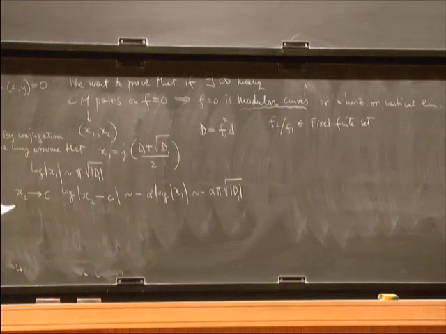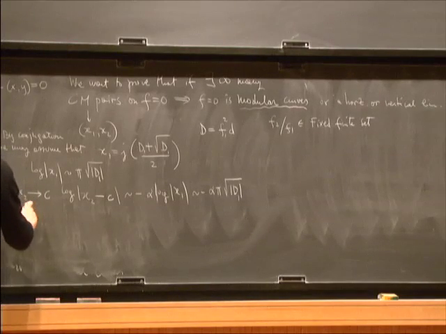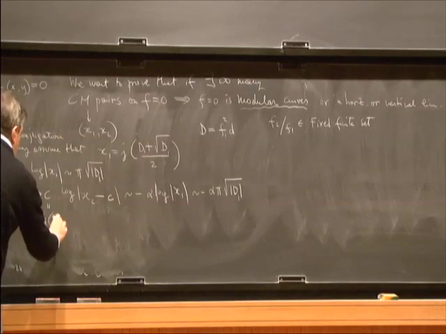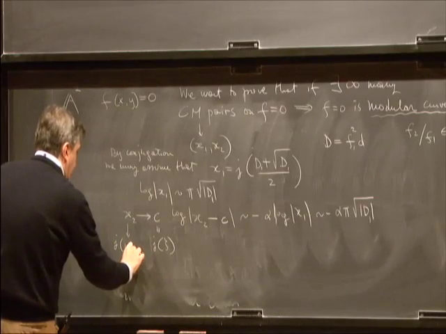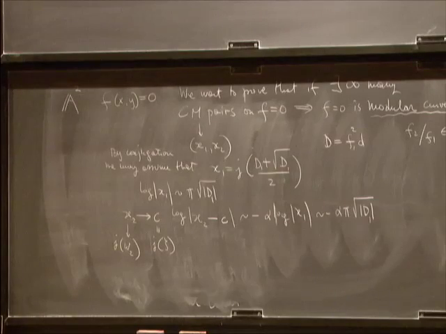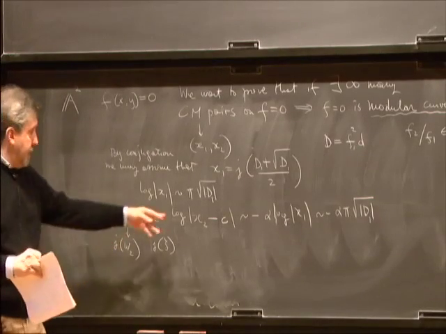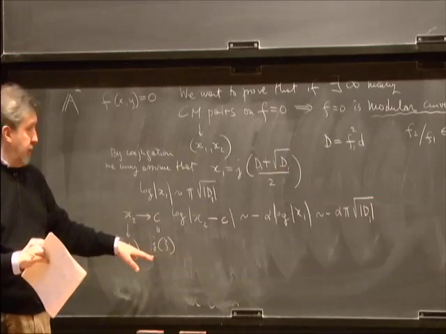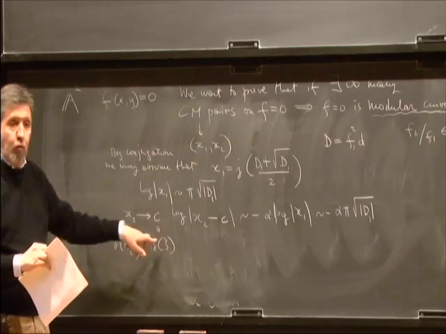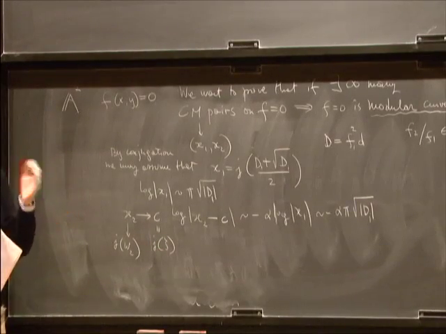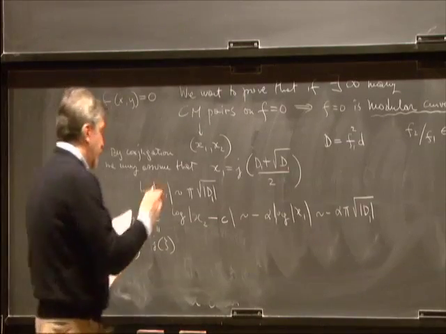And now he looks at what happens under the inverse image by J. So he writes C will be some value of J at a point that we call zeta. And x2 will be the value of J at some point that we call W2. So by now the difference x2 minus C is essentially, the logarithm is essentially the logarithm of the difference between W2 and zeta, because the ramification index of J is bounded by 3 in the worst case.